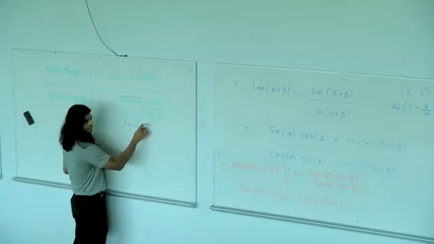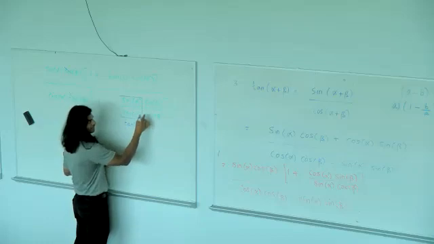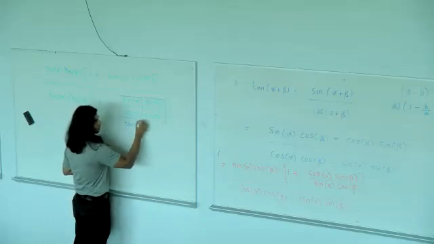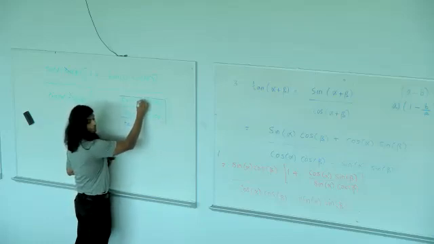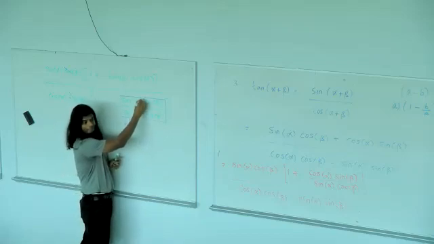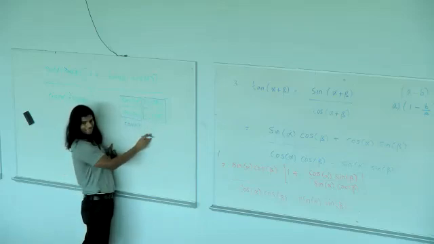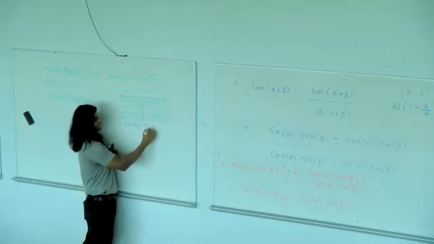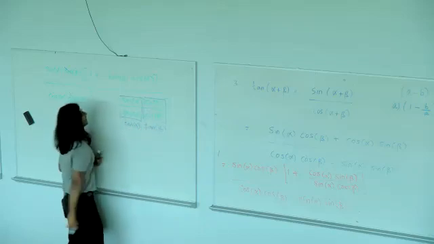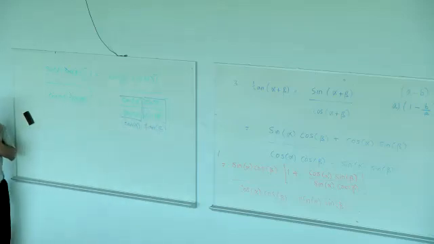Sine beta divided by cosine beta is tangent beta. With me so far?